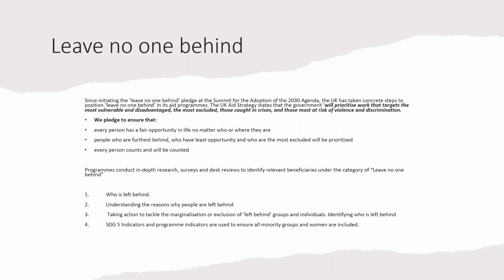And then the fourth point is the SDG 5 indicators. We'll talk about what they are in a bit. How can I select one or two to include in my program to represent that I have focused on women and girls and minorities? Okay, next slide.